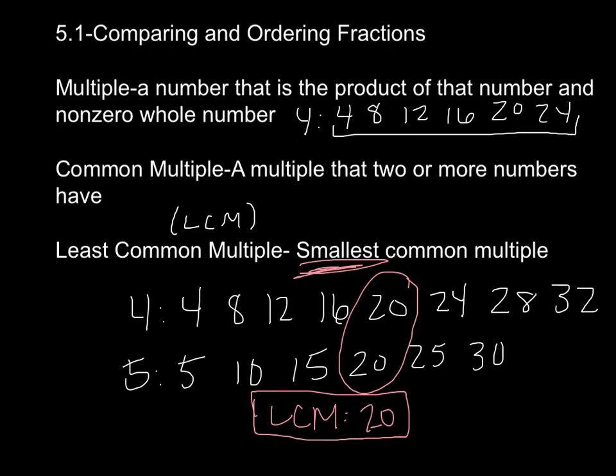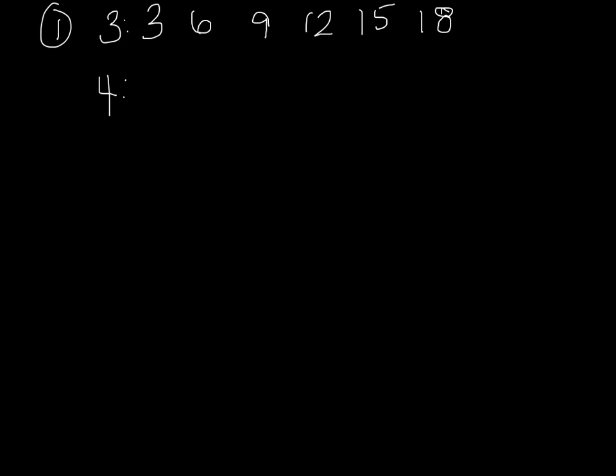And we will do some more examples. Okay, so for our next example, we are going to do 3 and 4. So again, what I like to do is write them out like this. I can go 3, 6, 9, 12, 15, 18, 21, 24.